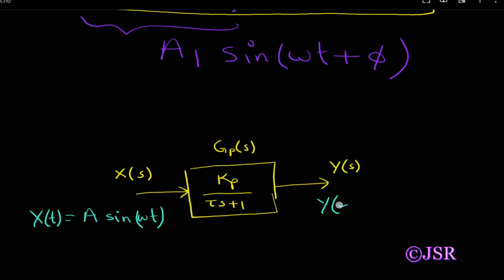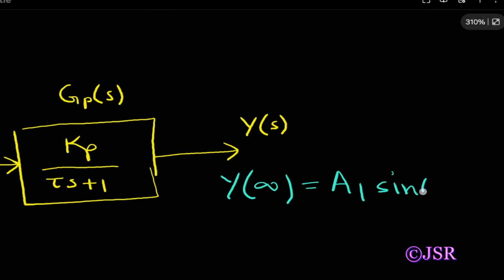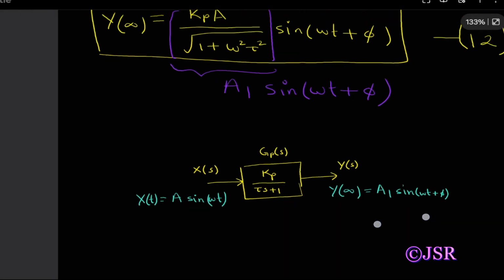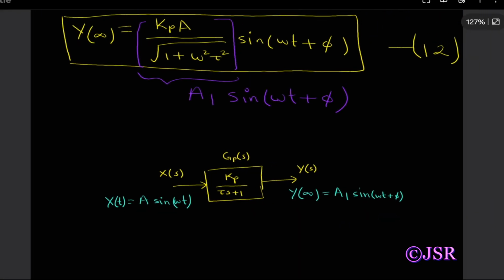So this is the input, so the output will also be a sinusoidal output with the amplitude of A1, sine omega t plus a phase angle of phi, right?